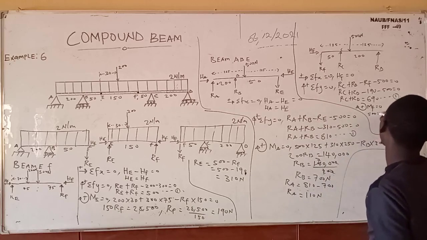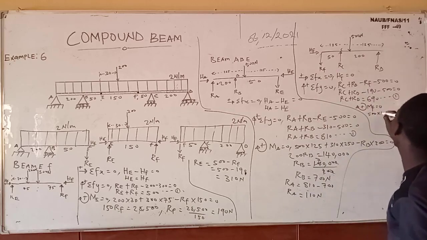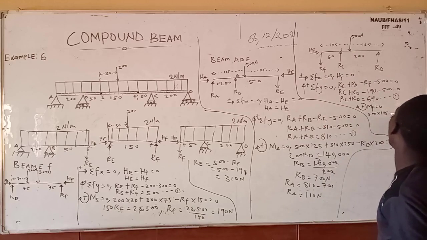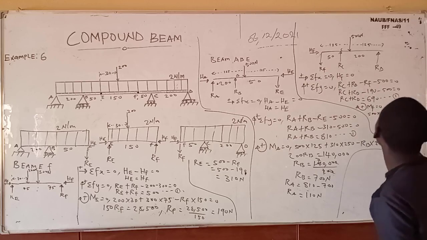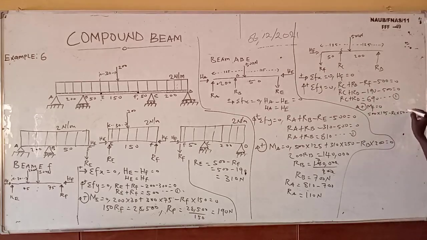It means 500 times the distance covered, which is 125, minus ROC. ROC times the distance covered, which is 50, minus ROD. ROD times the total distance, which is 250, equals 0.